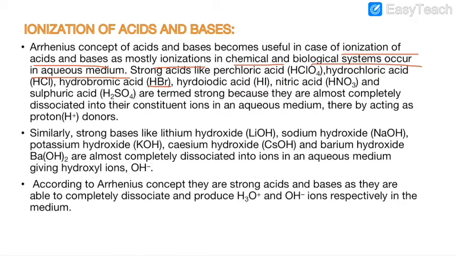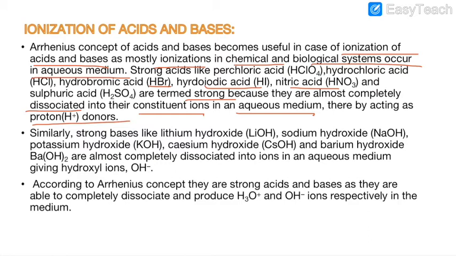Strong acids like perchloric acid, hydrochloric acid, hydrobromic acid, hydroiodic acid, nitric acid, and sulfuric acid are termed strong because they are almost completely dissociated into their constituent ions in aqueous medium, thereby acting as proton donors. So, if an acid is completely dissociated in aqueous medium, then we consider that acid a strong acid.